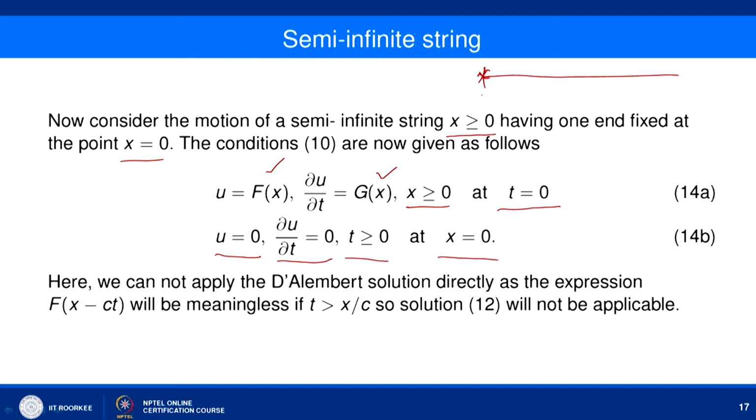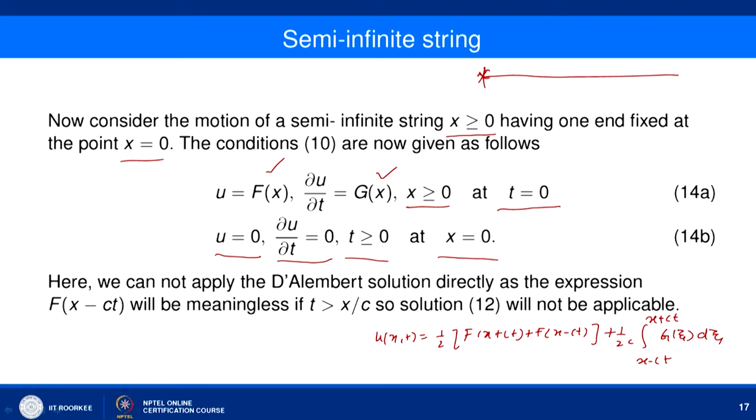If you look here, we cannot apply the D'Alembert solution directly, because if you remember, the solution is u(x,t) equal to half of f(x+ct) plus f(x−ct), plus 1 upon 2c times the integral from x−ct to x+ct of g(ξ) dξ.